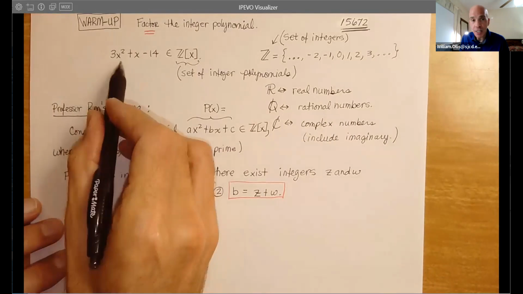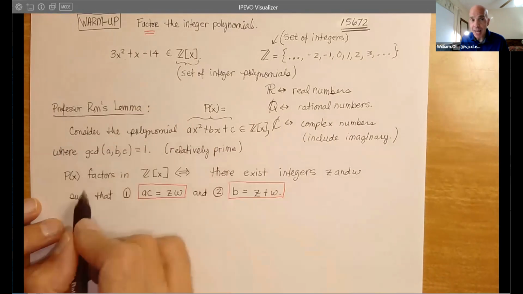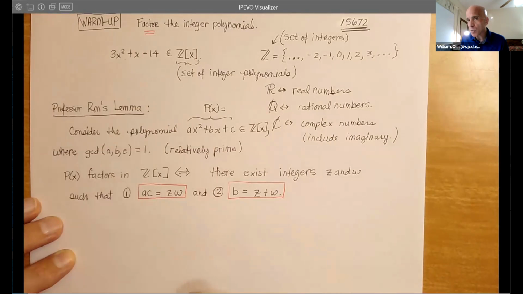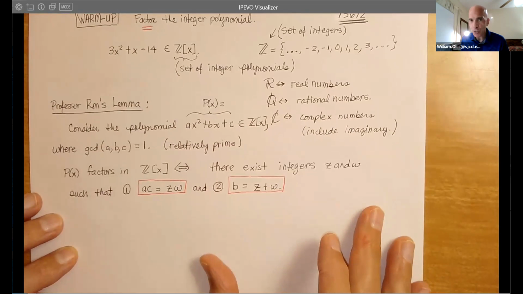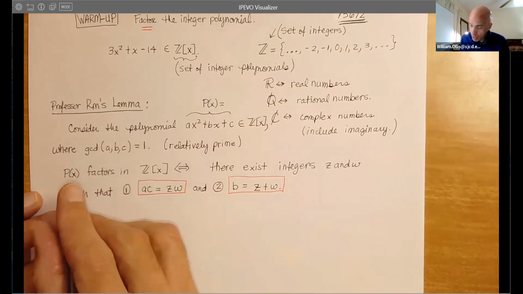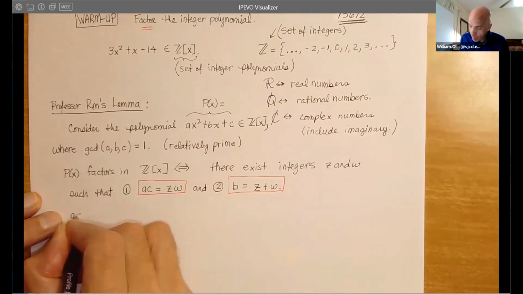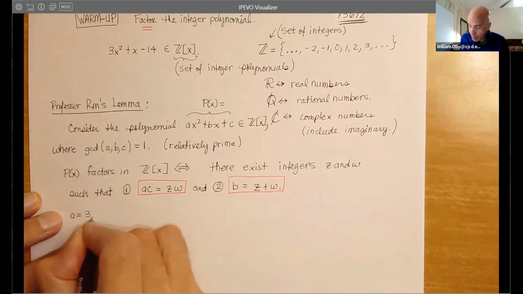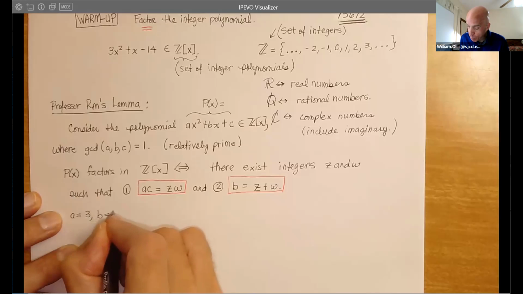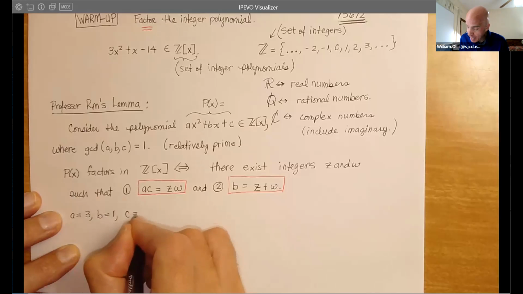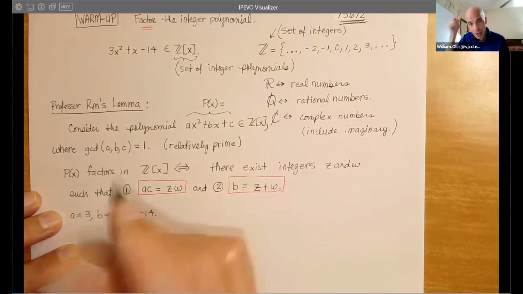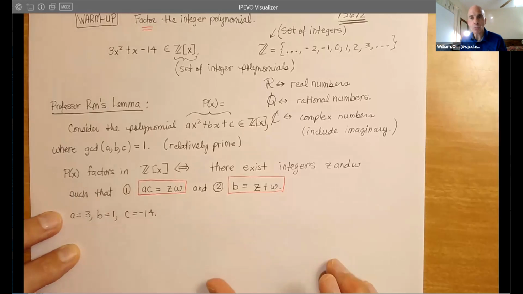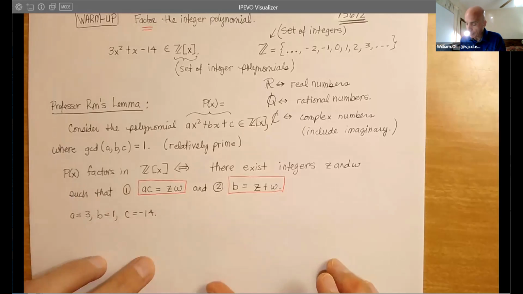So here's what we'll do. Let's go ahead and look at this polynomial and apply this lemma to give you an extra insight into how we factor quadratic polynomials. So now notice, for our warm-up, we have A equals 3, B equals 1, and C equals -14, kind of like we're doing the quadratic formula, which you're very accustomed to doing.